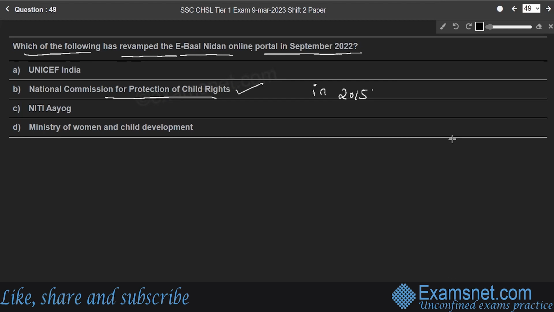It was revamped in September 2022. So here the National Commission for Protection of Child Rights, which is nothing but NCPCR, right?